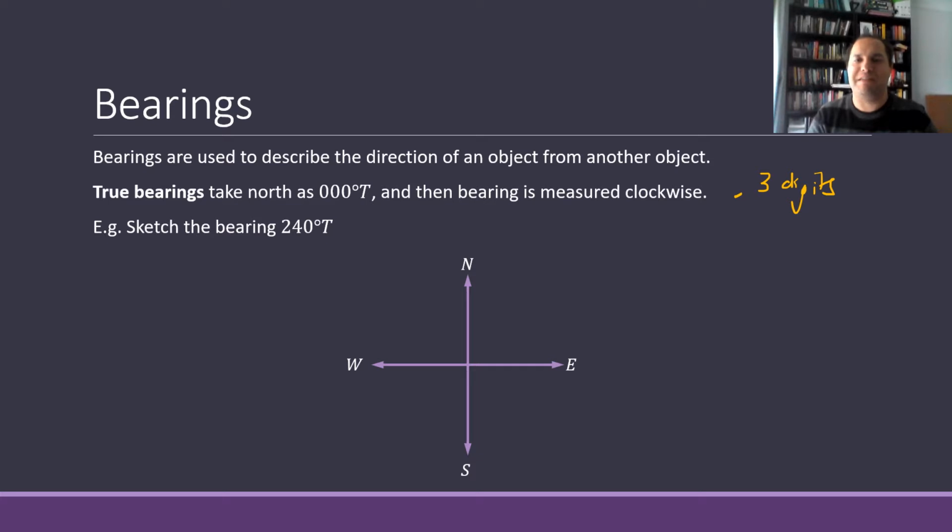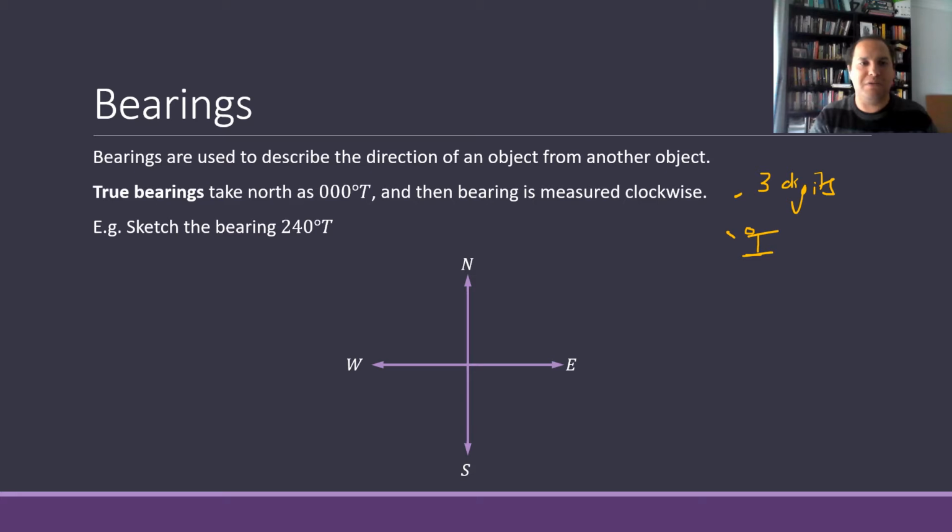There's always degrees true at the end. That T tells us we're using a true bearing, and helps us work out what unit we're using.